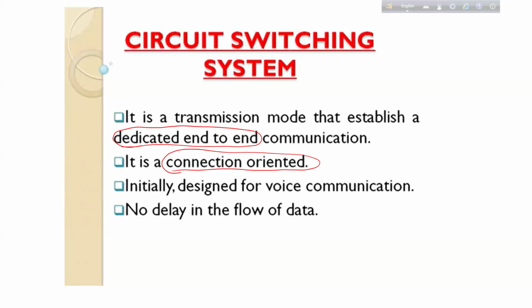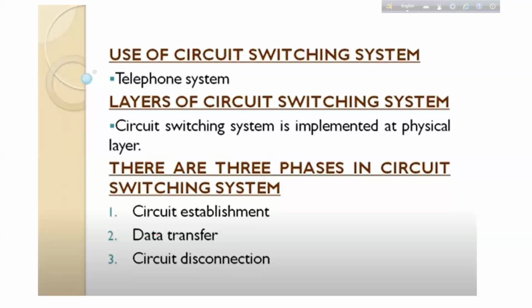Now, in circuit switching system, there is no delay in the flow of data. So, if any application needs minimal delay or no delay, then circuit switching system is a good fit for that application. Now, the use of circuit switching system: basically in the telephone system, circuit switching is being used.